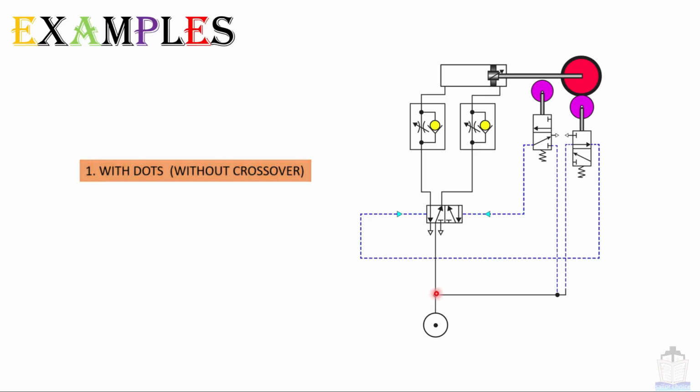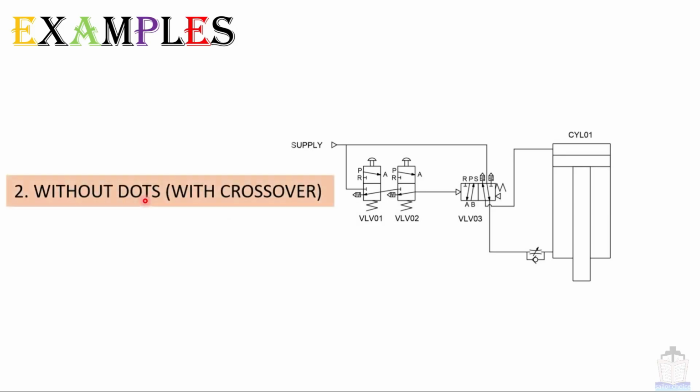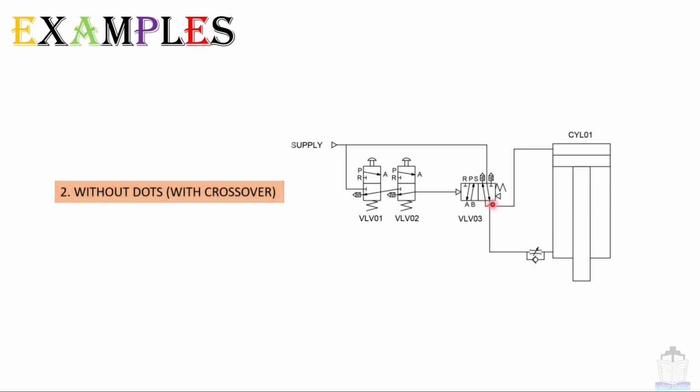Dot is present and crossover is not present. Next example: in this diagram you can see the dot is not present. It is showing that two lines are connected and crossover is present. That means this is without dots, with crossover. Dot is not present but crossover is present.